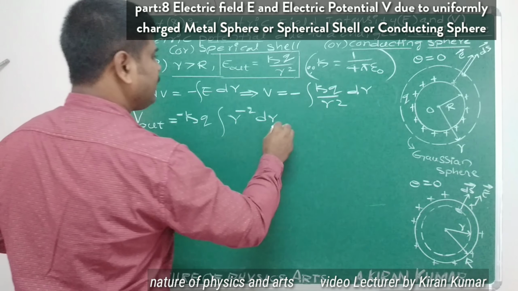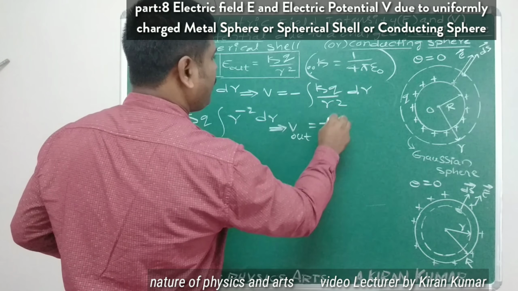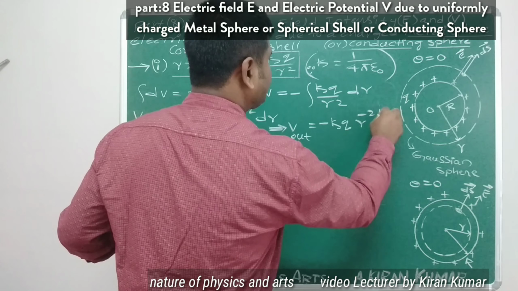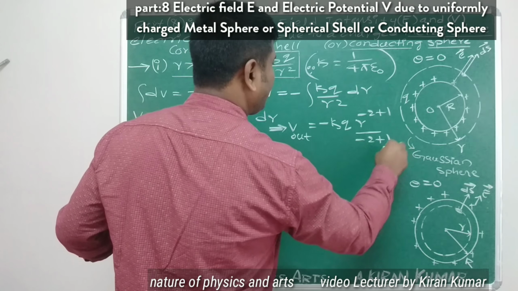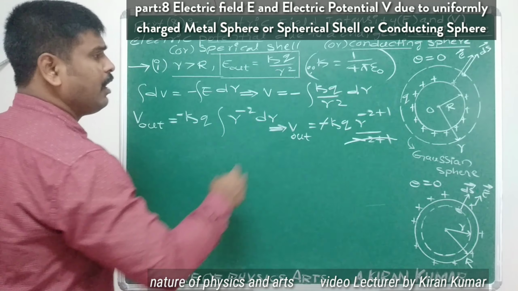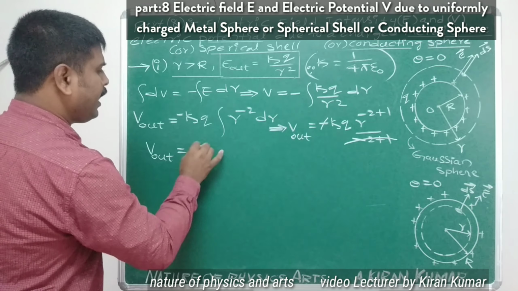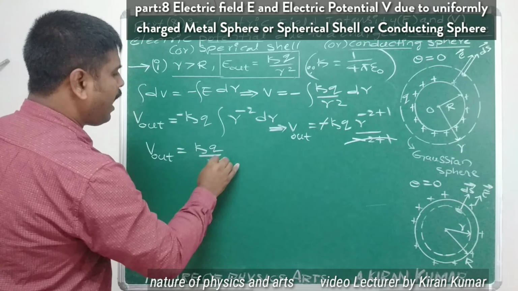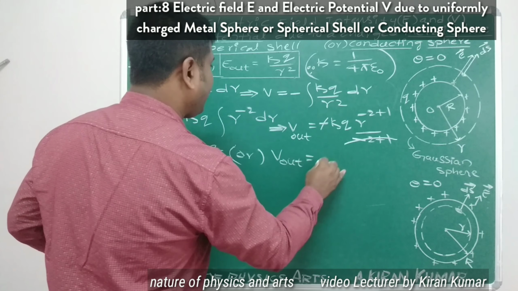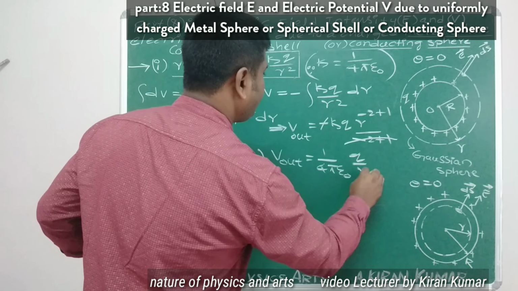Continuing, V_out is equal to minus kq times r to the power of minus 2 plus 1 by minus 2 plus 1. This minus gets cancelled, so V_out is equal to kq divided by r. We can write another equation: V_out is equal to 1 by 4 pi epsilon naught, q divided by r.